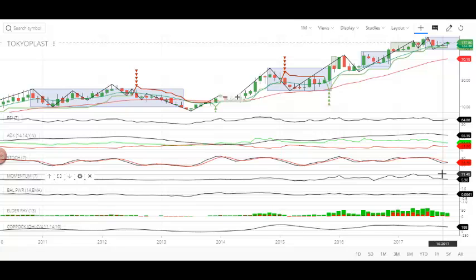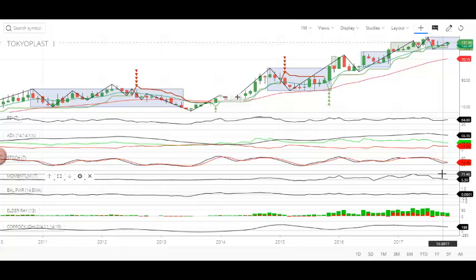So now we are getting mixed signals from all the guiding points of the technical indicators here. On top of that, we already saw in the weekly chart of the same stock that it is reeling under the influence of negative supertrend mode.